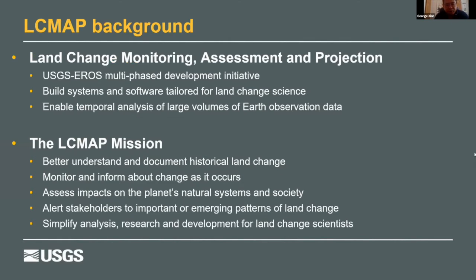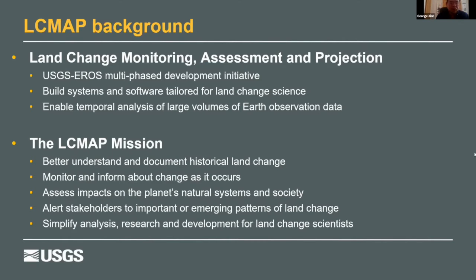Remember, NLCD provides 30-meter resolution land cover, and in the urban area we have 4 different classes. Starting about 5 years ago, USGS developed a new initiative called LCMAP, Land Change Monitoring, Assessment, and Projection. This initiative tries to build the system, the software, for land change science.